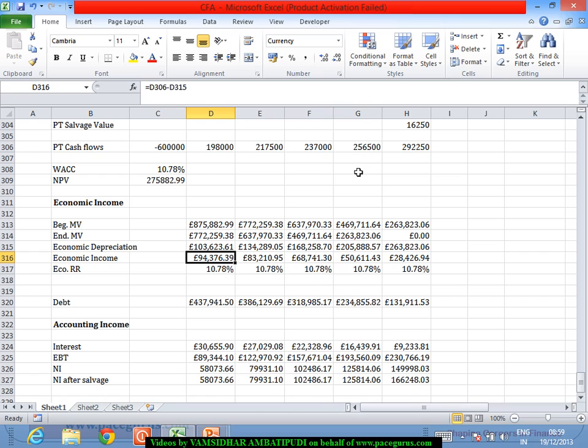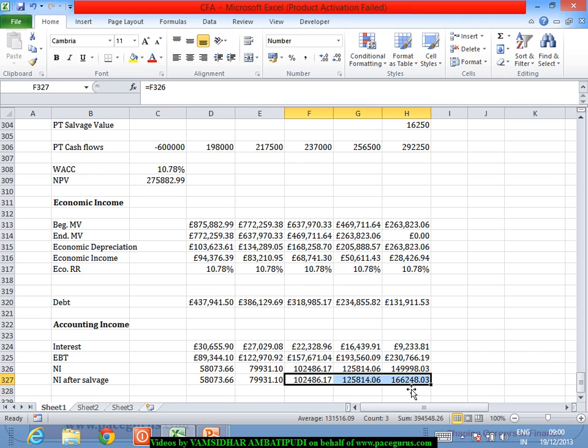Across the period we see that the accounting income in the initial two years is much lesser, but after that it is going up, whereas the economic income is decreasing year over year.